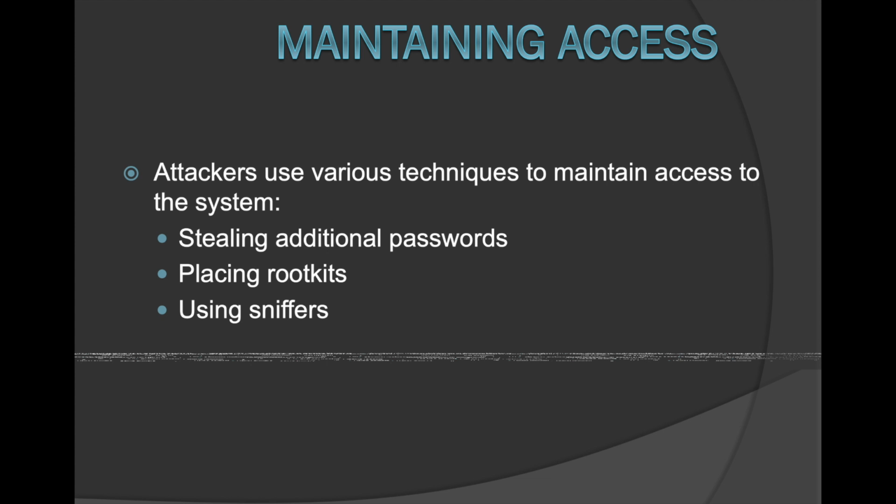The problem is if the user of that machine shuts down the computer, now your program's not running anymore and you've lost access. So you want to take your initial access and create something on that machine that will restart your malicious software every time the computer boots up. So you can retain access, maintain access, not lose access.